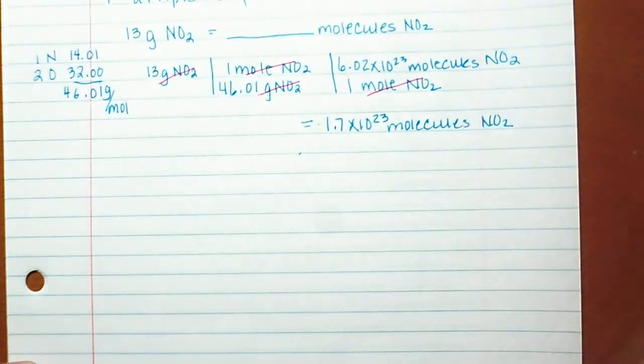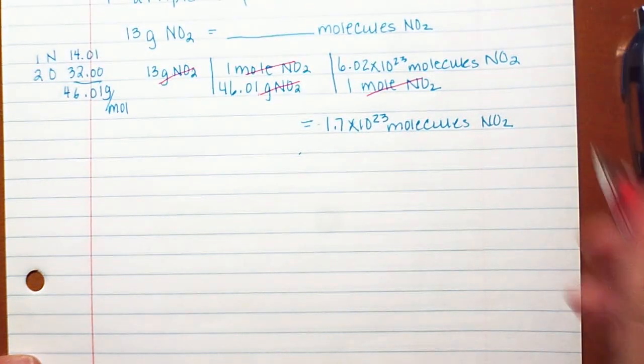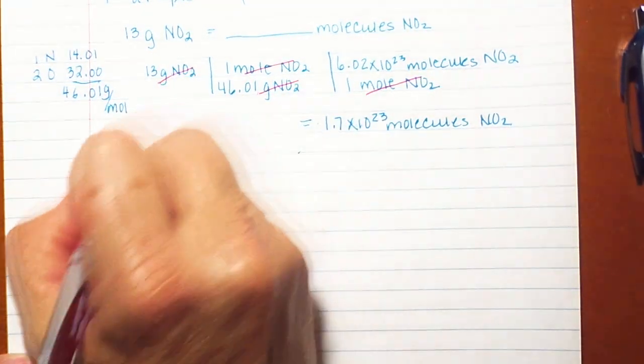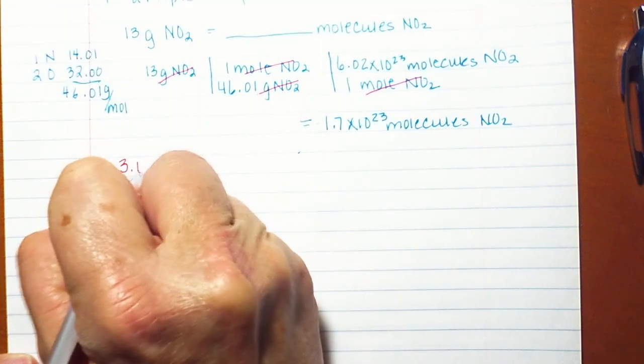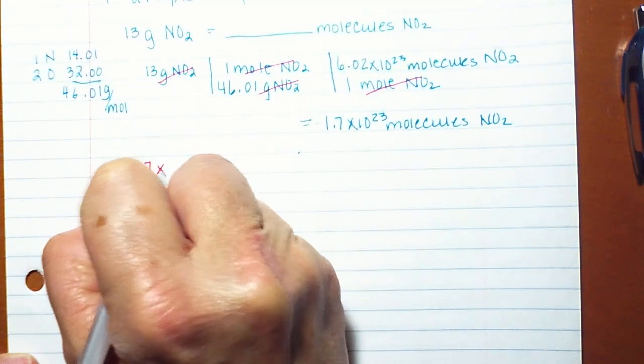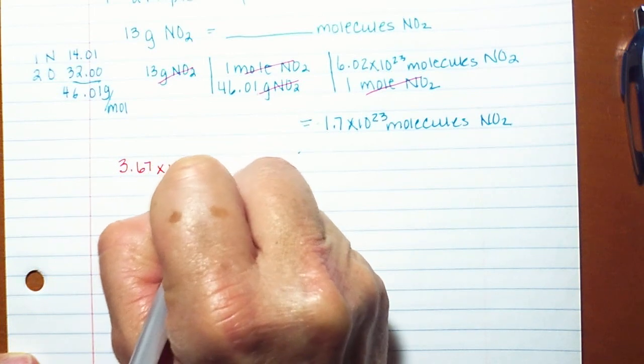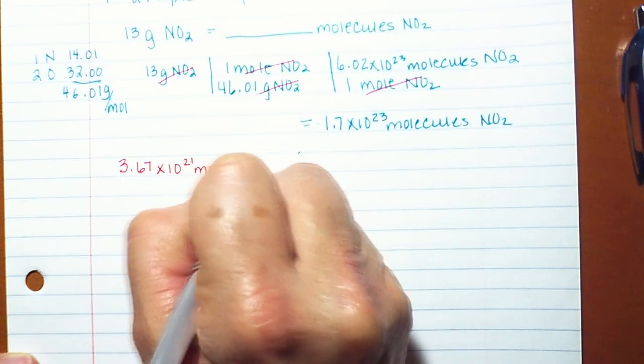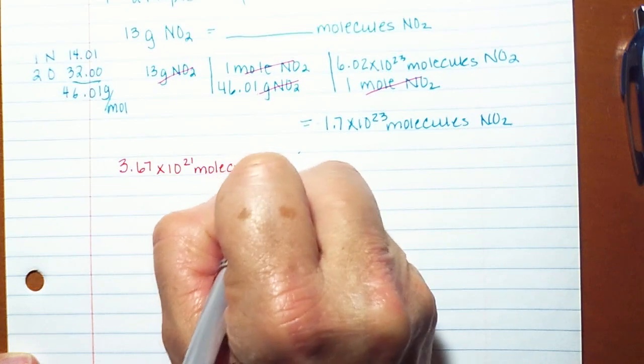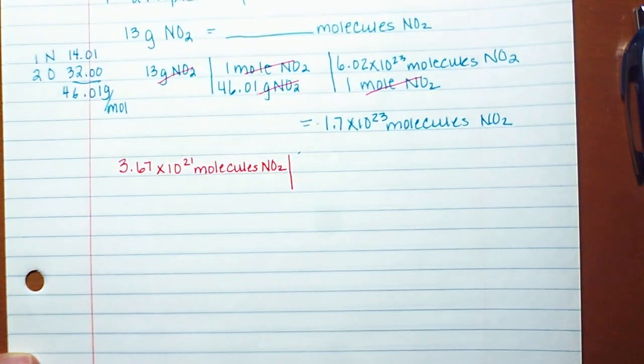Now, what if I wanted to go from, let's say, 3.67 times 10 to the 21 molecules of NO2, and I want to go to liters. So I want to know how many liters that is going to be, because NO2 is a gas.